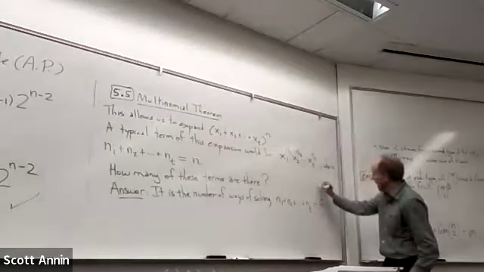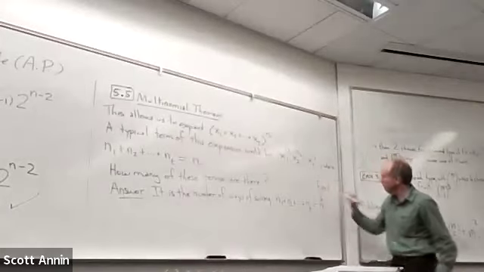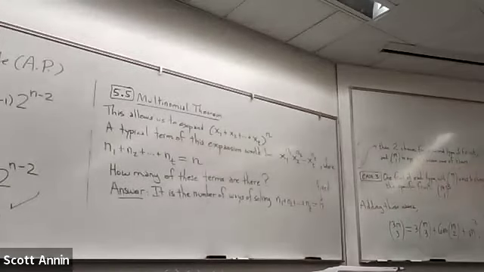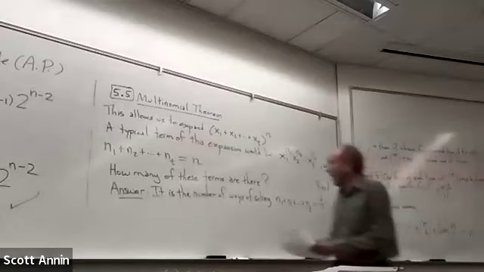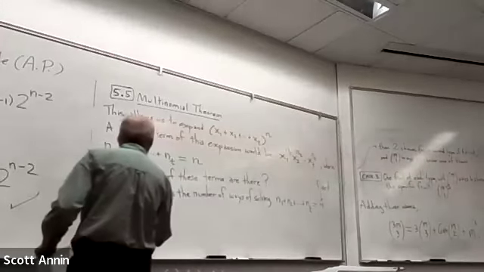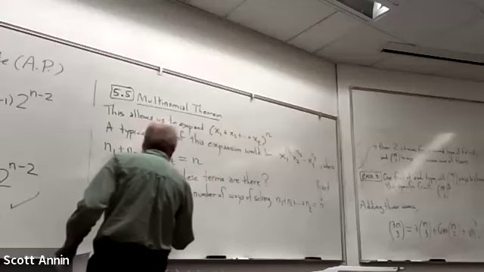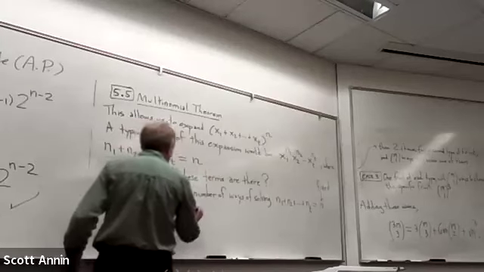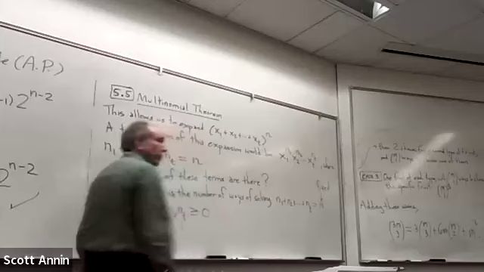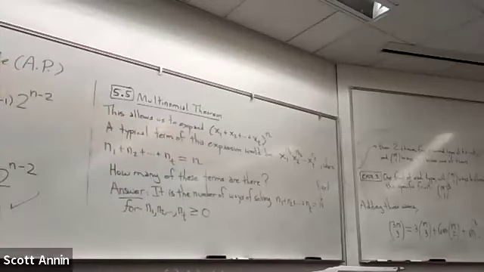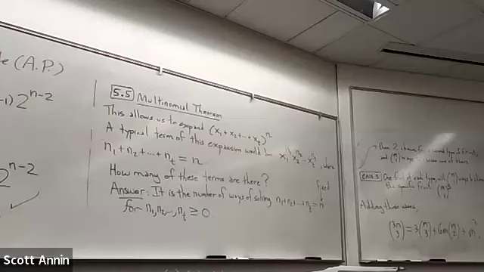I want everybody to be clear, n is fixed. It's just some specific number that's been fixed. Solving that for n1, n2, and so on up to nt, where each of those is greater than or equal to 0, right? So we have no other constraints than that. It's just the number of such solutions.